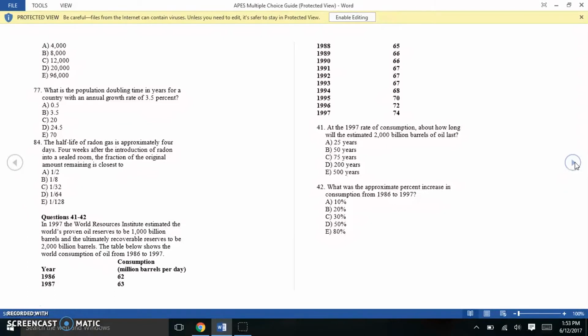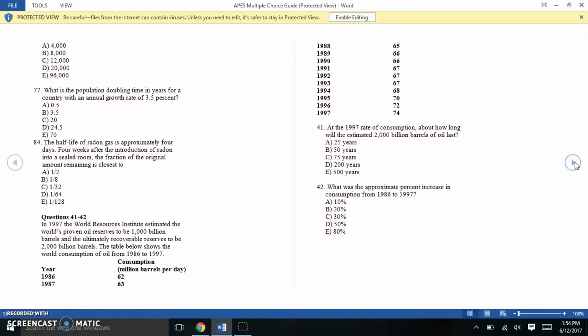That should be a quick, easy answer to figure out as we go through our unit on population. And then number 84 is dealing with half-life. I think that will be another quick one. They usually have one question each for number 77 and 84 in their multiple choice related to this type of math. If you've got that formula down, you should be able to answer that rather quickly.